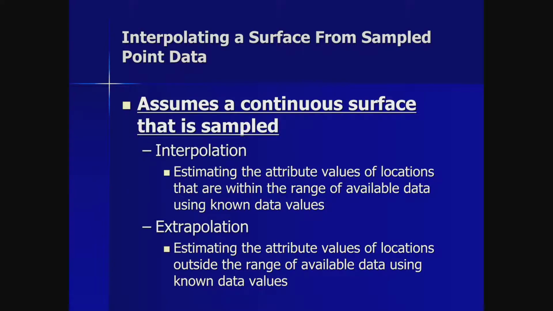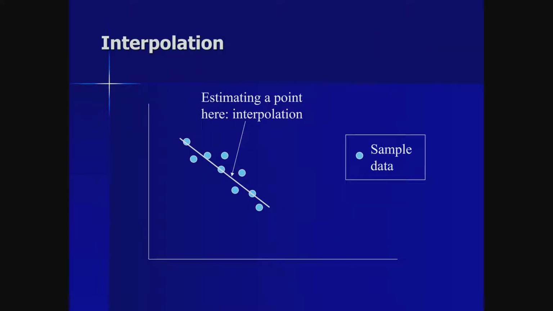Now, ArcGIS and most other software packages will allow you to interpolate values outside of this range. So in other words, if I was to say, what's the elevation here? That's technically extrapolation, although ArcGIS will let you do it. It's not as reliable as this, which is interpolation.